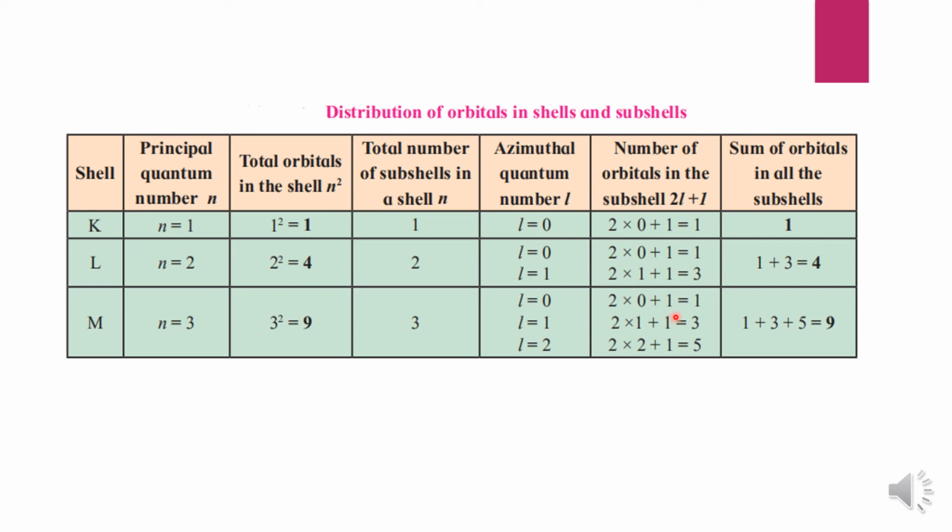We get 1, 3 and 5 respectively, and the sum of orbitals in all the subshells present in M shell would be 9. How? 1 plus 3 plus 5. We get 9 total orbitals in all the subshells present in M shell. So this is how we distribute orbitals in a shell and subshell.